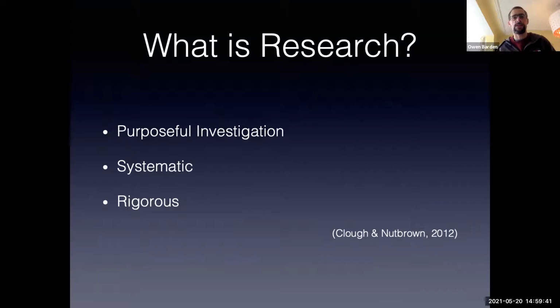It's systematic and rigorous. In other words, it is methodical and it is thorough. And it's something that often involves looking at things again and again and looking at them very closely to try and discover what's important.